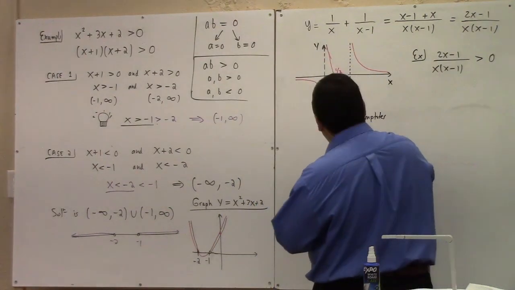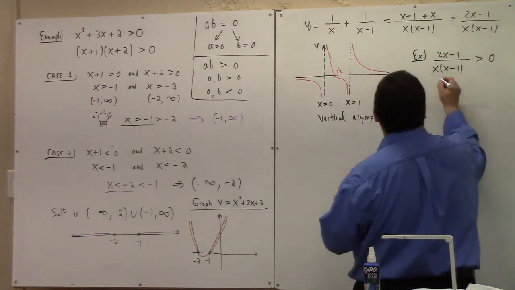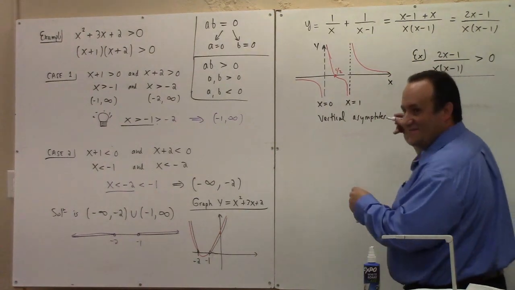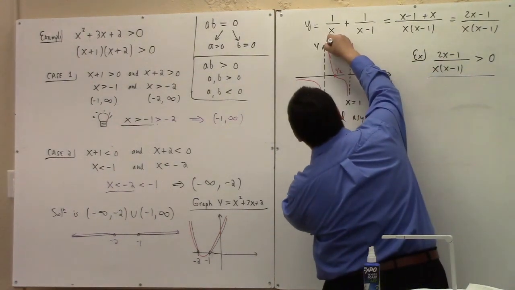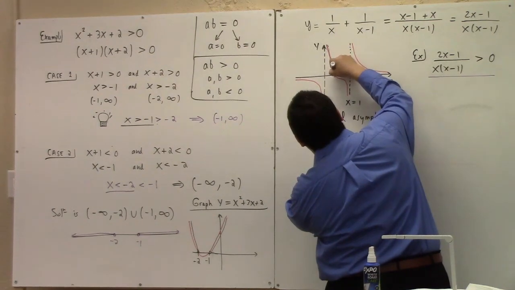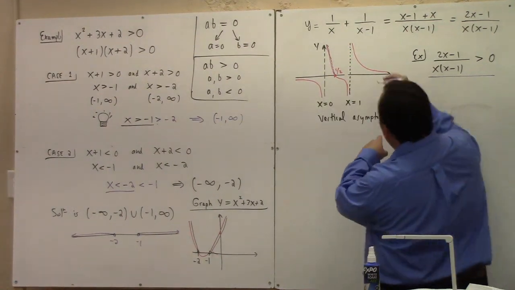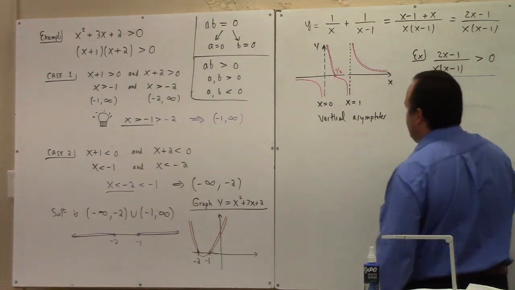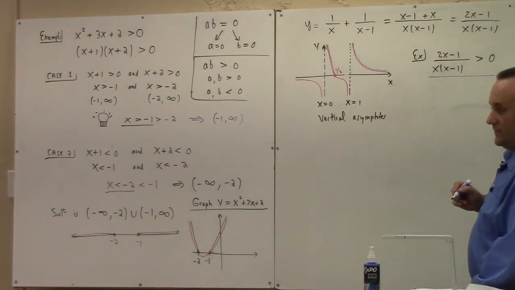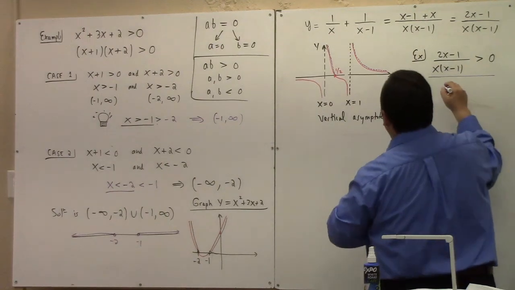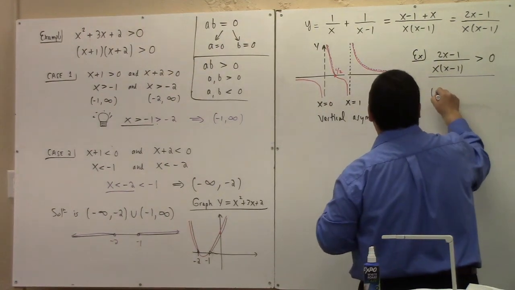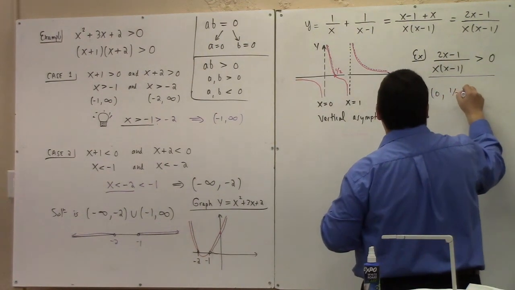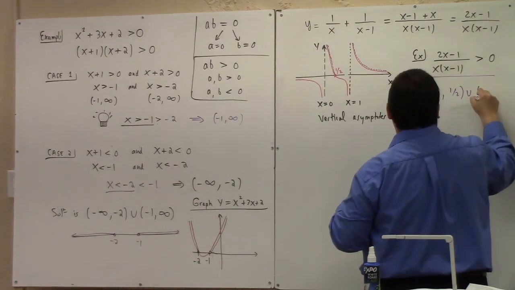I saw someone shaking their head no, but it's this piece right here. This is above the x-axis, so those x are solutions. These x over here are solutions. So from this graph, I can tell you the solution is 0 to 1/2, not included, unioned with 1 to infinity.